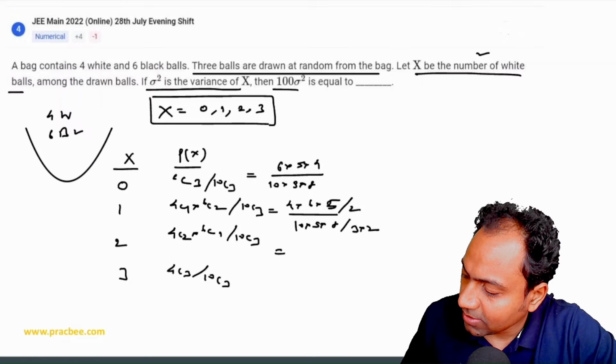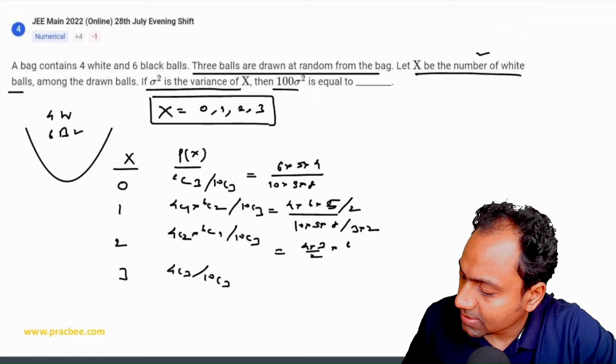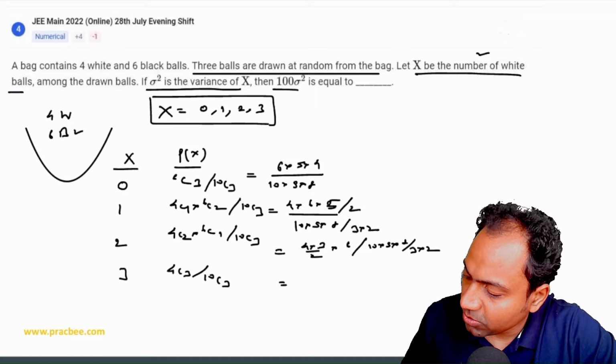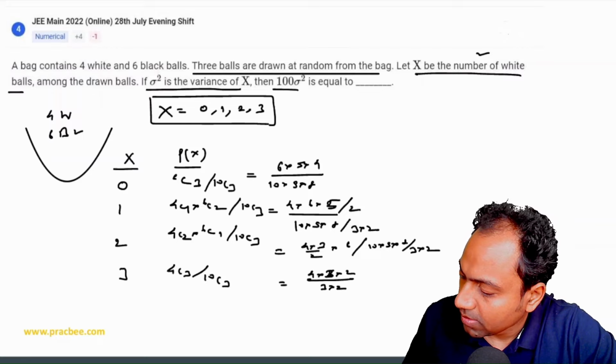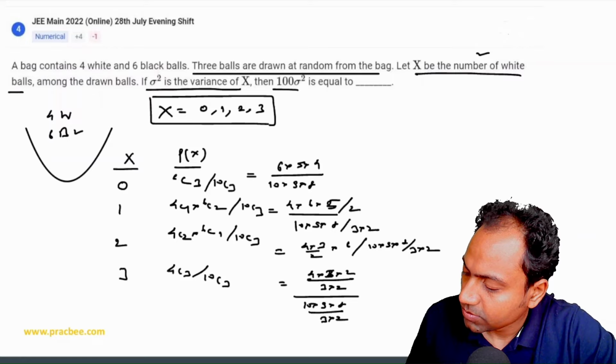The next can be calculated as 4 into 3 divided by 2, into 6, divided by 10 into 9 into 8 divided by 3 into 2. And the last part is 4 into 3 into 2 divided by 3 into 2, divided by 10 into 9 into 8 divided by 3 into 2.